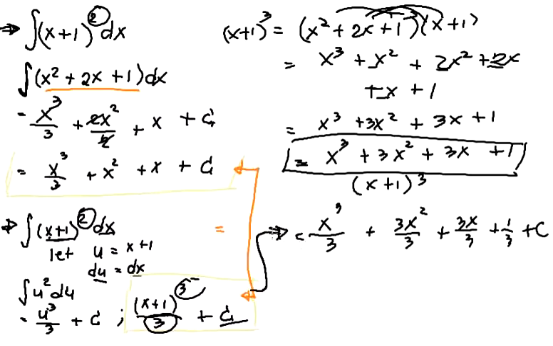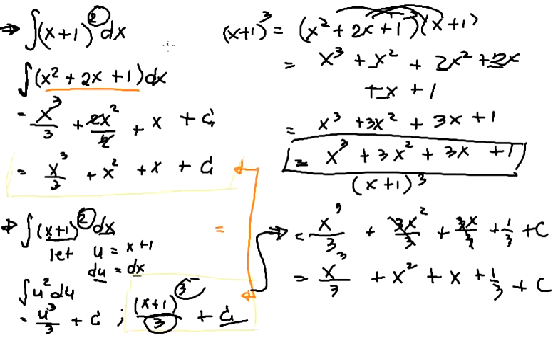Okay, then we have x³ all over 3 plus x² plus x plus 1/3 plus c.